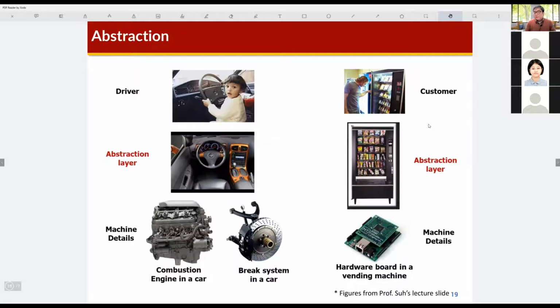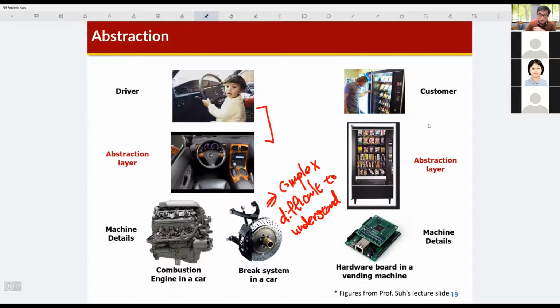Okay. So this is very complex, and it's very hard and difficult to understand. If we needed to know this very complex and difficult knowledge to drive a car, then only a very small number of people could drive a car.